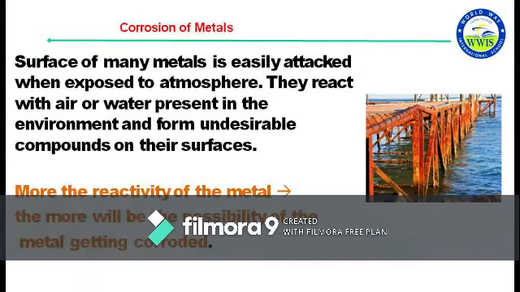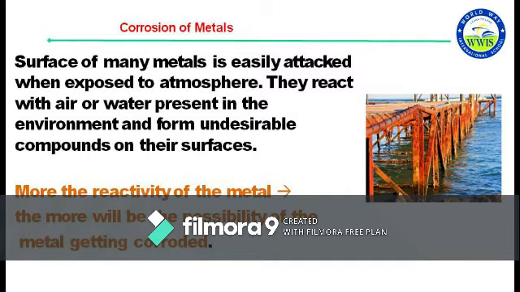Now, the next topic suggests that if we increase the reactivity of a metal, the possibility of the metal getting corroded also increases. As we all know, atmospheric conditions like air and moisture are responsible for the deposition of oxide layers on the outer surface of most of the metals.